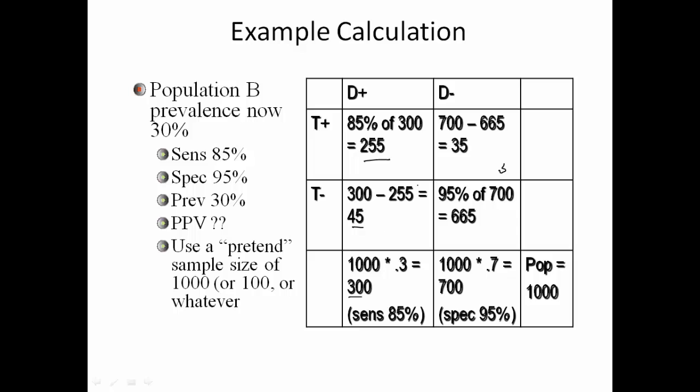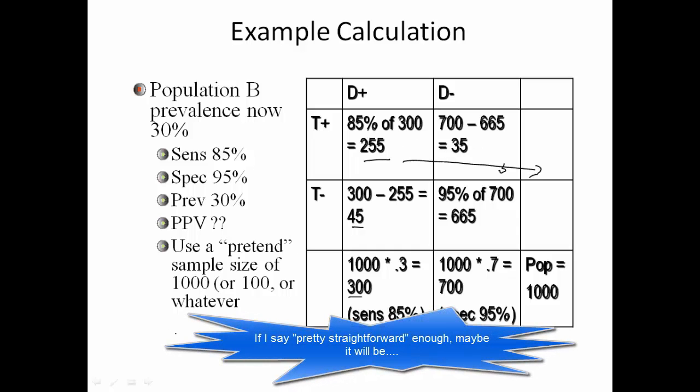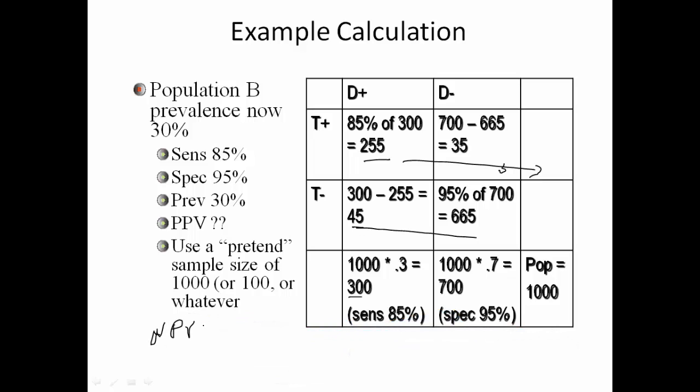Pretty straightforward. Now hopefully you can see what we're going to do. We're going to calculate predictive values using this data. Should be pretty straightforward. Just for grins, we'll do the negative predictive value. So negative predictive value is D over C plus D. That should be a C. Okay, which is 665 over C plus D, 665 plus 45.